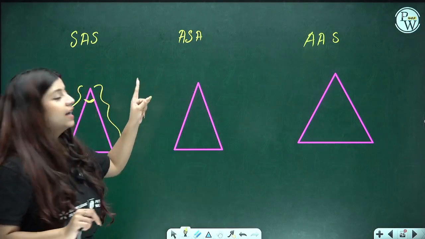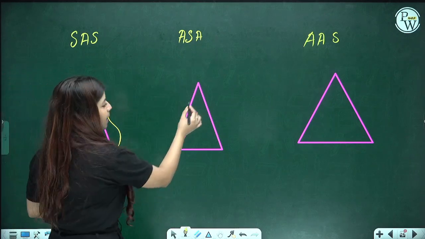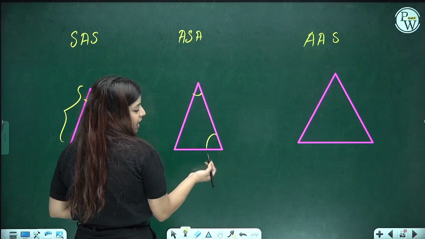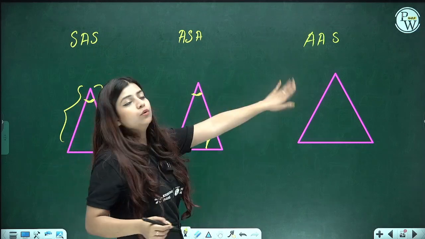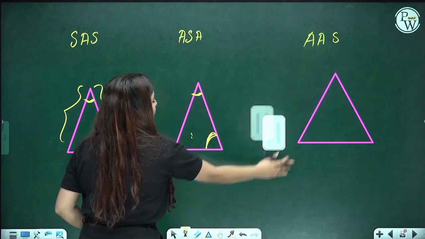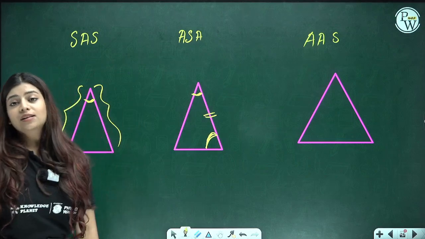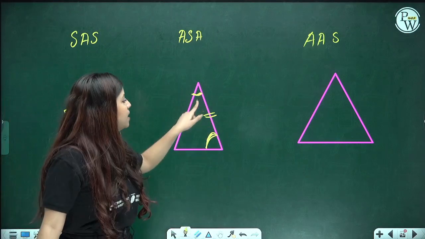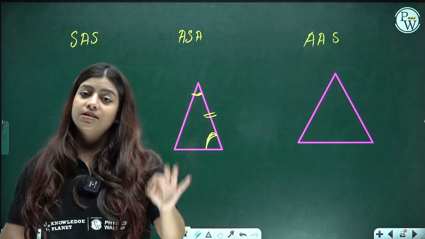Now what is angle side angle? Two angles and one side in between them. If I am taking this angle and this angle equal to these two angles of any other triangle, and the side included in between these two angles, then it will be angle side angle. Now what is AAS?